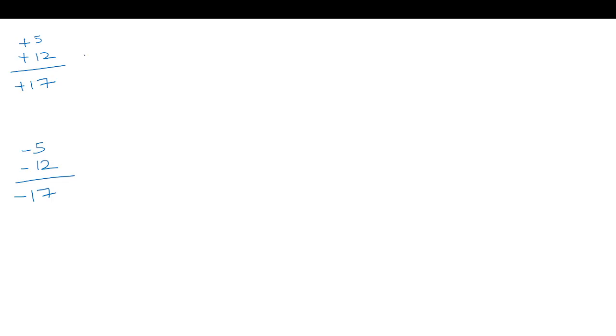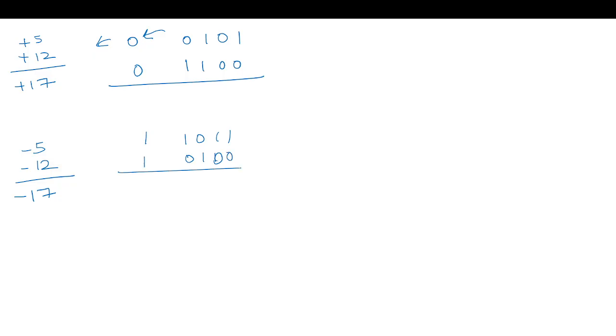So if we write this, what will be the carry here and what will be the carry here? Similarly, what will be the carry from here? With this, we'll see what the overflow is.